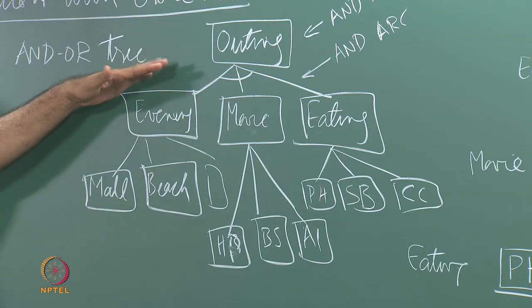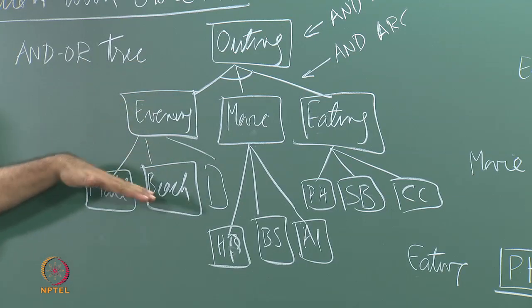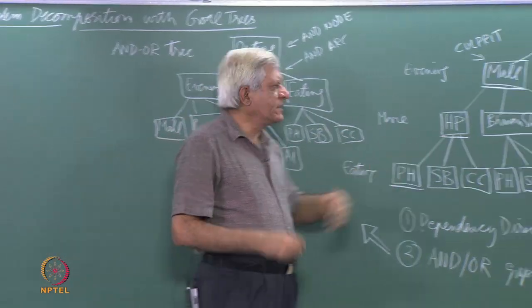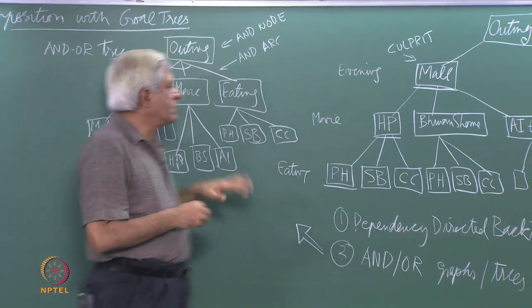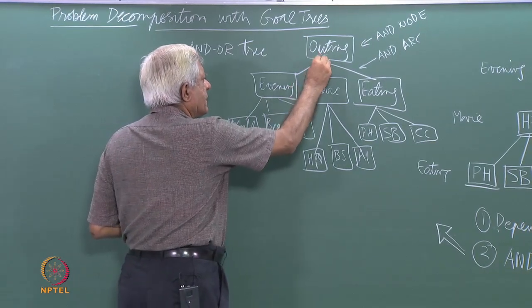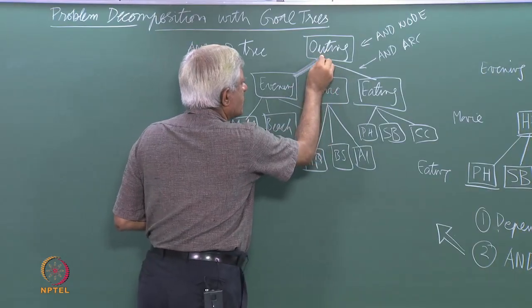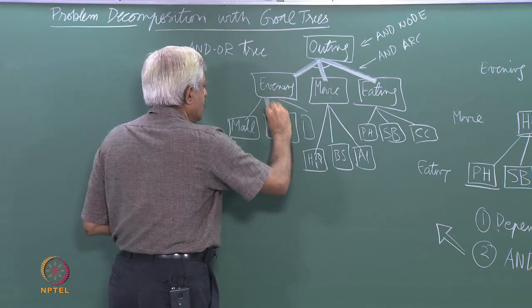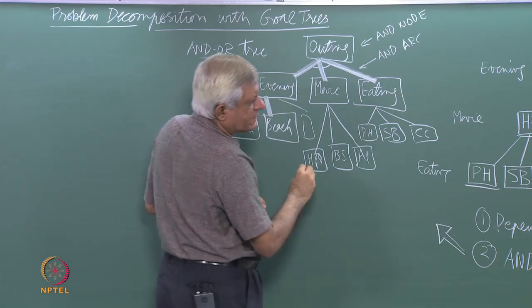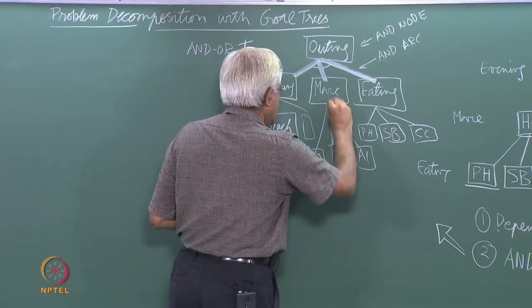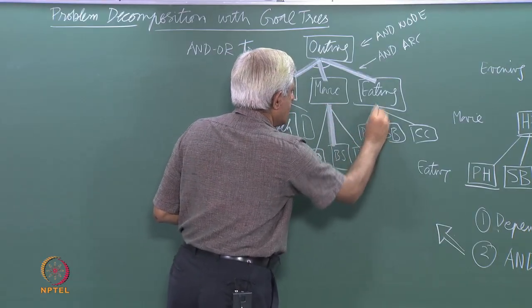So, the AND node is at the top level, OR node is below that, and a solution in the OR graph like this, the kind that we have been studying so far, is a path. The solution in an AND OR tree is a subtree. So, a solution will have, for example, this and this and this and this.